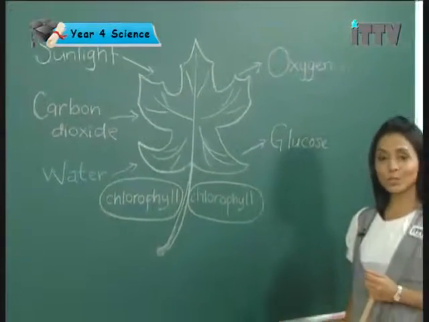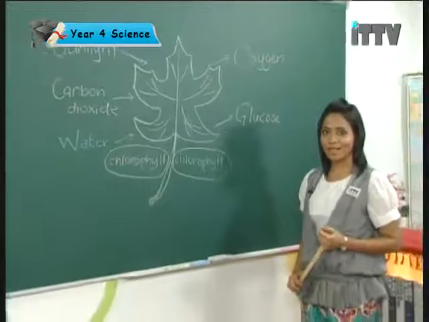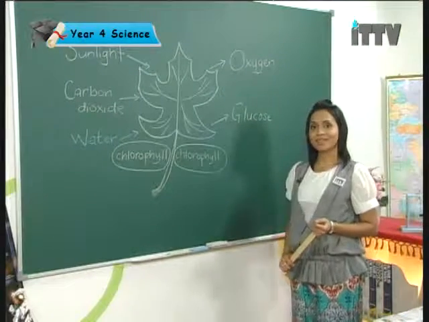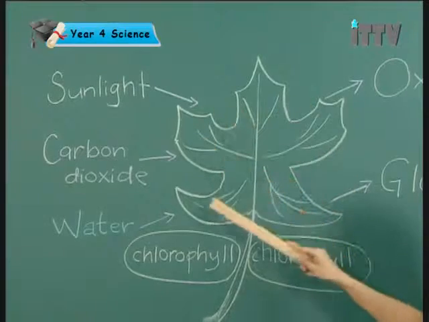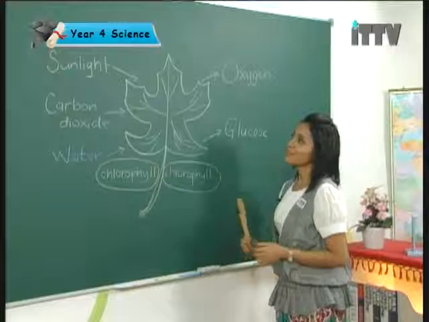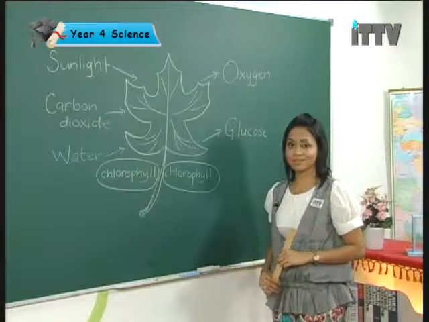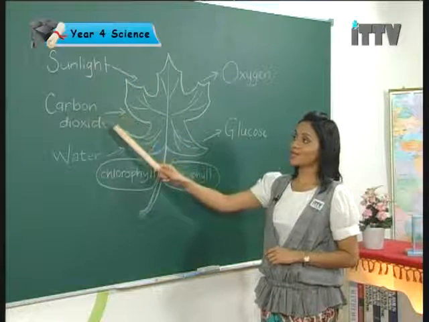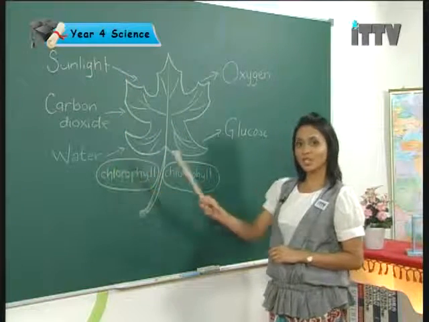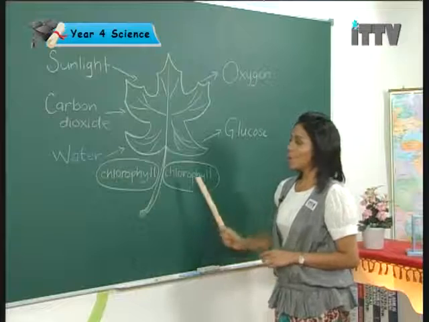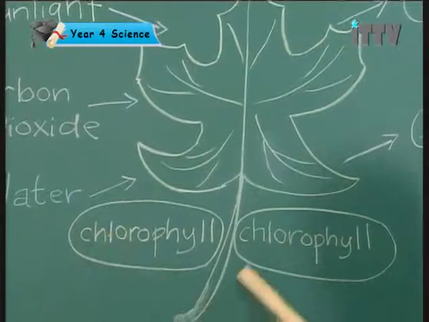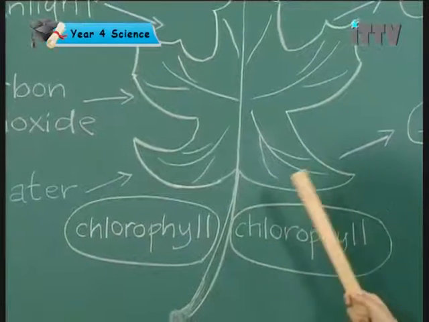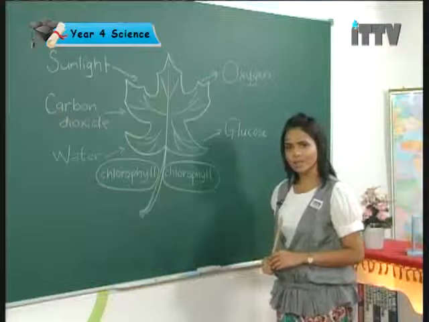Now, to conclude the basic needs of plants, let's have a look at this picture on the blackboard. This is a green leaf. In the process of photosynthesis, sunlight, carbon dioxide, and water are used. And in the green plant, we need the presence of chlorophyll for this process to take place.